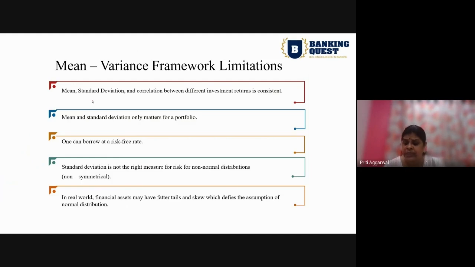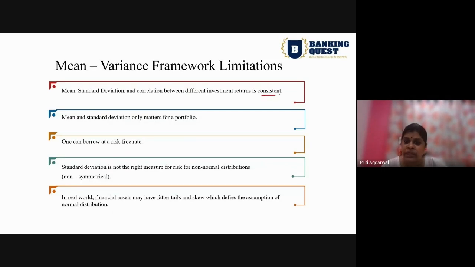So the mean variance framework has some limitations. Why? Because in the beginning itself, when we started talking about portfolio optimization theory, we had certain assumptions, right? And these assumptions may not always hold true for different asset classes or in different market scenarios, right? And that is the reason they have certain limitations. What are the limitations? The mean, standard deviation and correlation between different investment returns are assumed consistent, right?